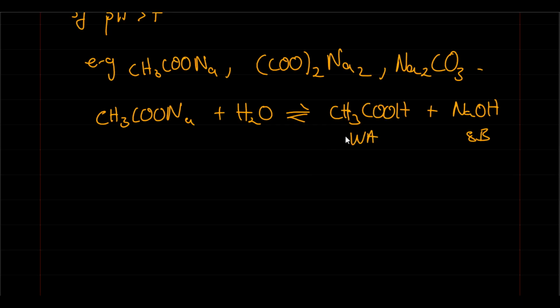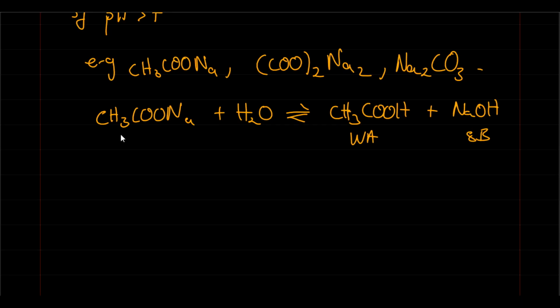How? Because this weak acid has pH of less than 7, right? And this sodium hydroxide has pH of greater than 7. But this weak acid ionizes incompletely, and this sodium hydroxide dissociates completely. So now we can tell that the hydrolysis of sodium ethanoate forms hydroxide ions, and hydroxide ions are what?